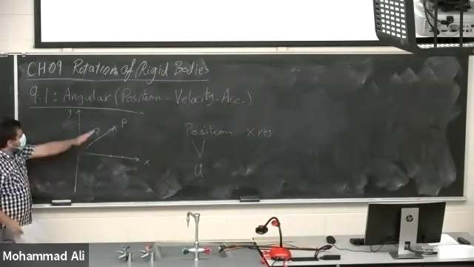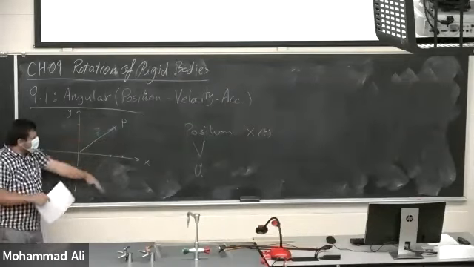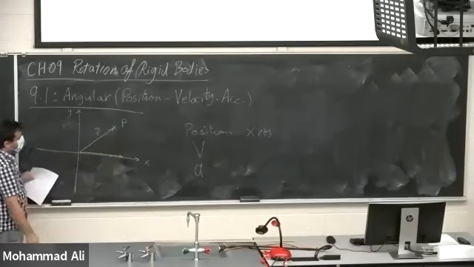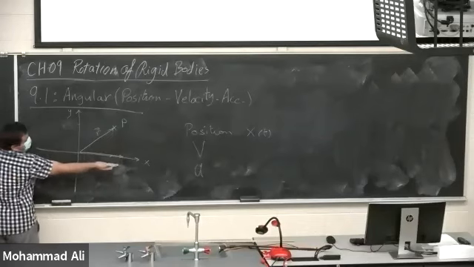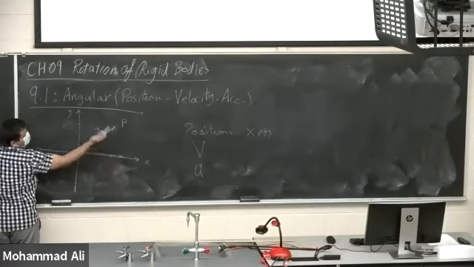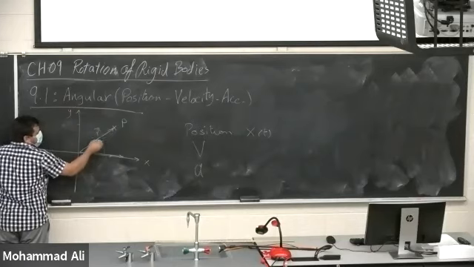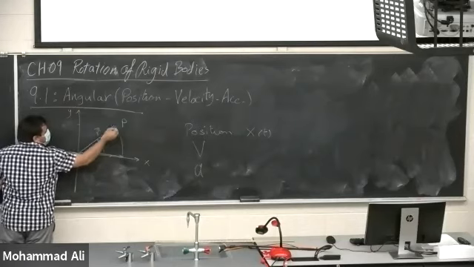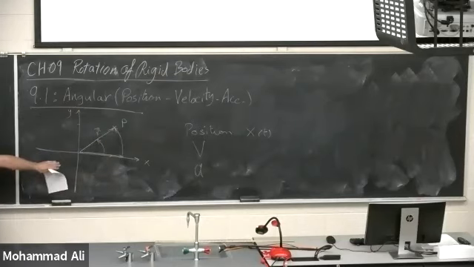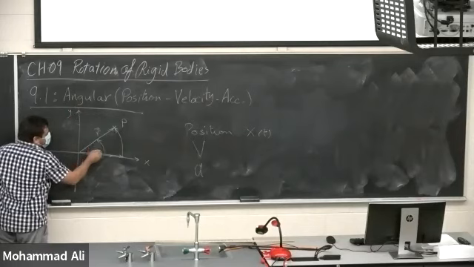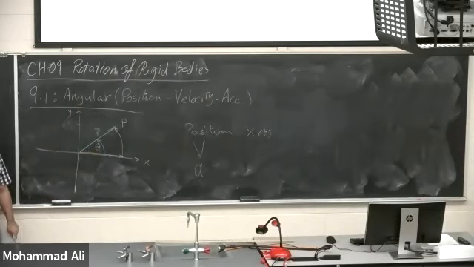I will make this r lie on the x direction. This is r, and I move it in a rotational way like this. I will move this vector using an angle. I can name this angle theta or phi or alpha, any name I need.